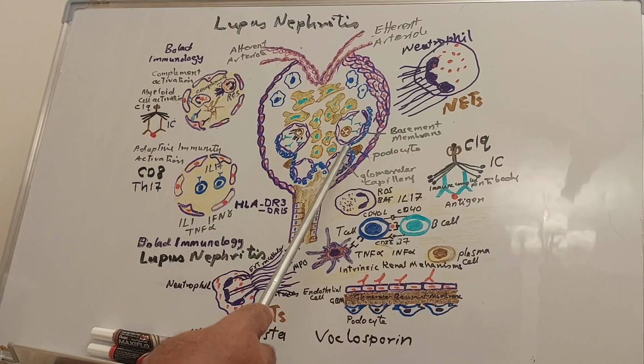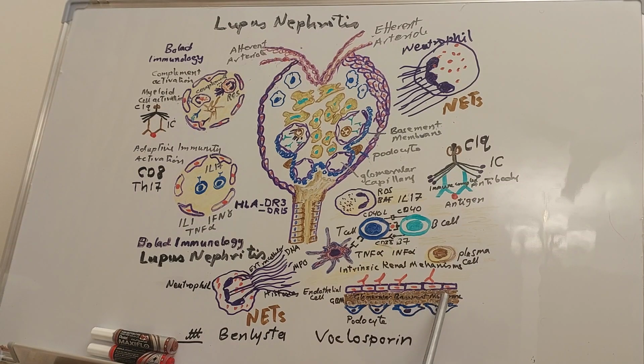So the position of immune complexes below the endothelial cells, or in the endothelial area, will lead to proliferation of cells here, or a proliferative disease, and glomerular crescent formation.